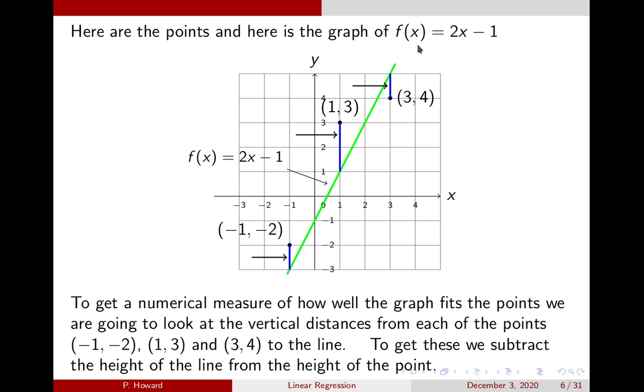Well, plugging in 1 will give us the height of the graph at x equals 1. If you replace x by 1 in the formula for f of x, you get 2 times 1 minus 1, which is 1. Height of the graph is 1, height of the point is 3. 3 minus 1 gives us the vertical distance from the point to the line.